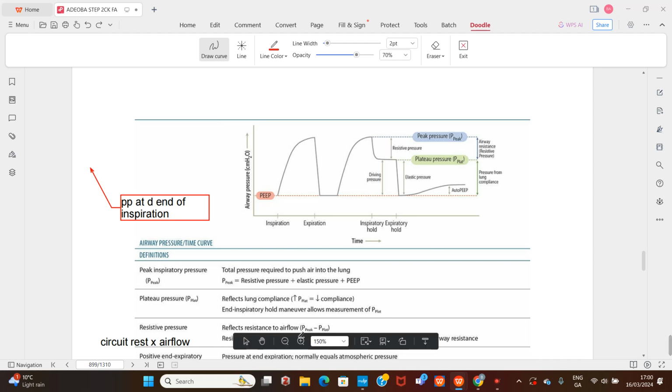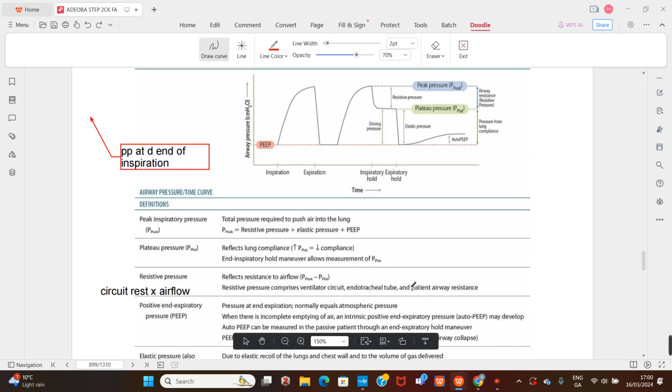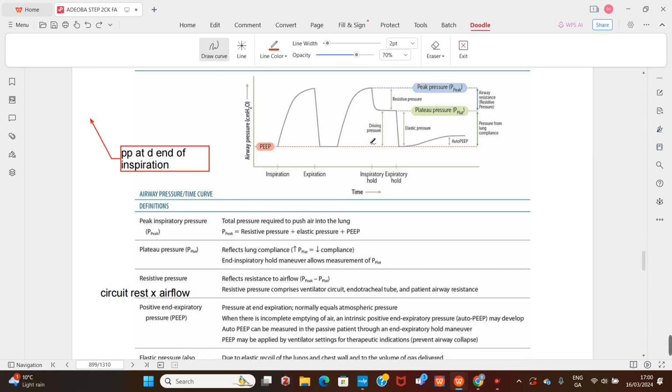It reflects resistance to airflow. So if there's no flow, your resistive pressure is not there. But once there's flow, there's resistive pressure. Okay. So that's why you can calculate your Plateau pressure, which is the difference between peak inspiratory pressure and resistive pressure, by inspiratory hold.